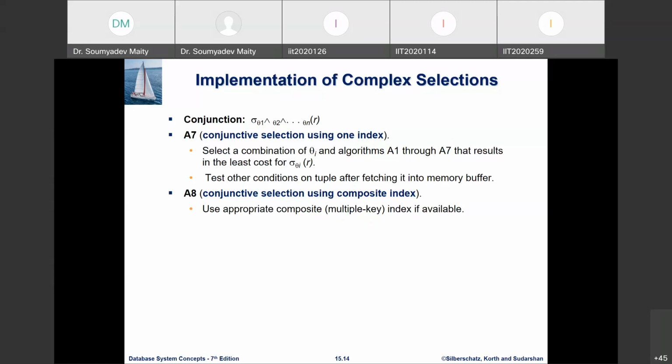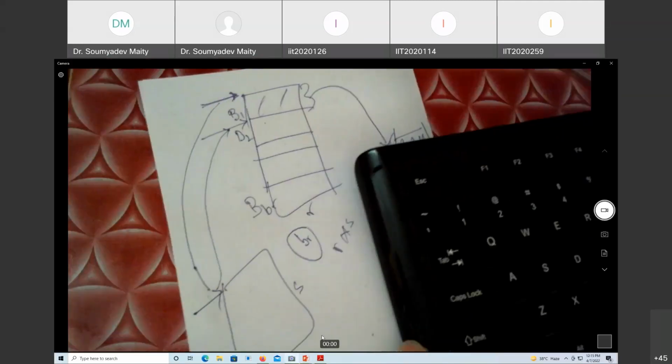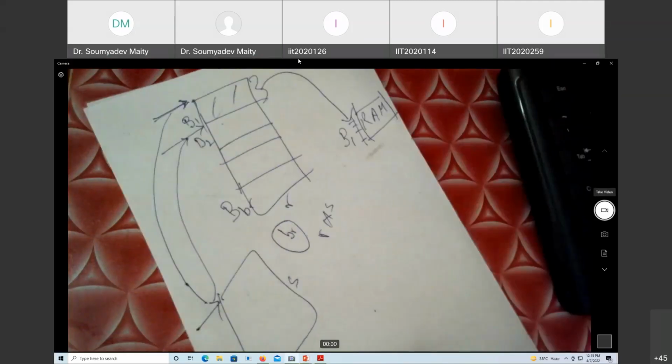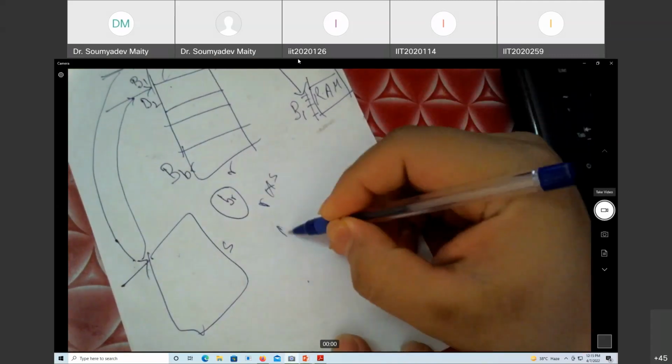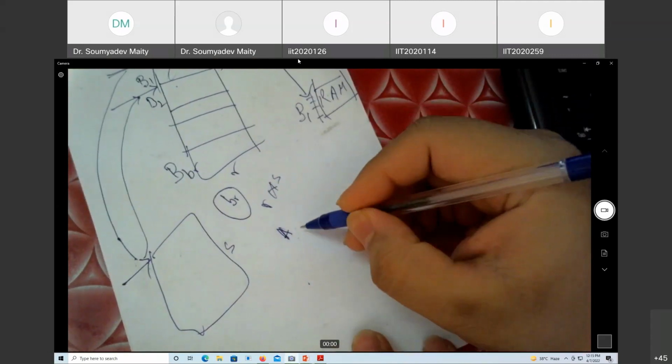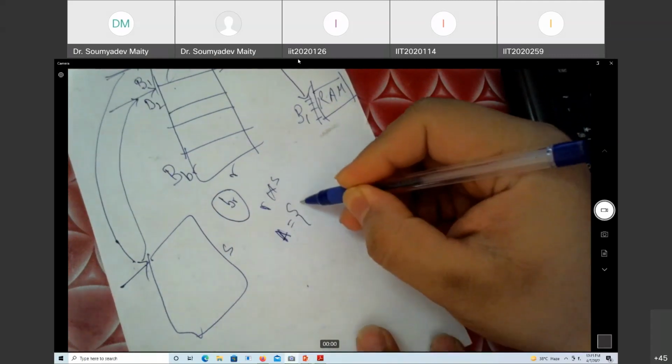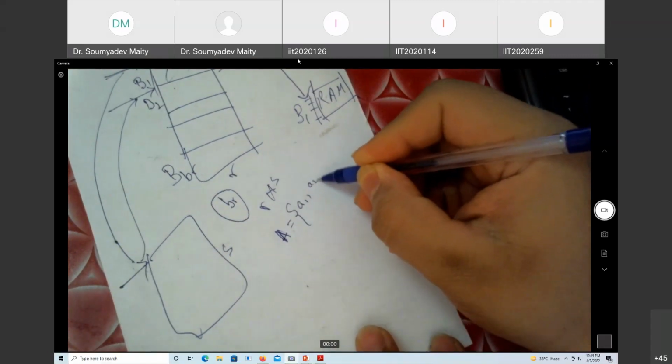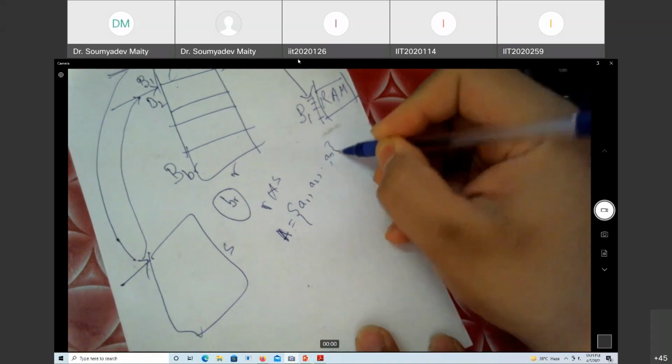The combination of the attributes itself, you can assume as if that is one single attribute. I'm giving one example to explain this. Suppose I have only one attribute A, then A can have values, say A1, A2, up to AN.